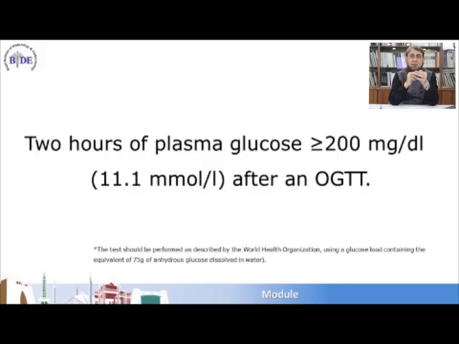So any level, either in fasting or 2-hour plasma, in the abnormal range mentioned in the slides should be considered diabetic along with the symptoms.